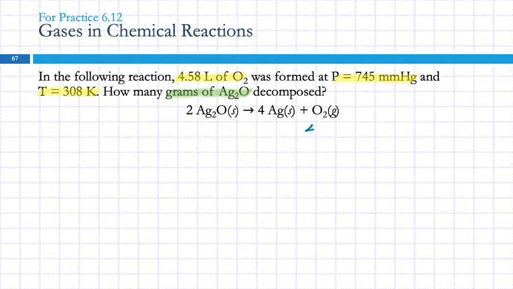So 4.58 liters of this, 745 millimeters of mercury, 308 Kelvin. And then the question, how many grams of Ag2O? So under Ag2O, question mark, how many, the unit wanted there is grams.